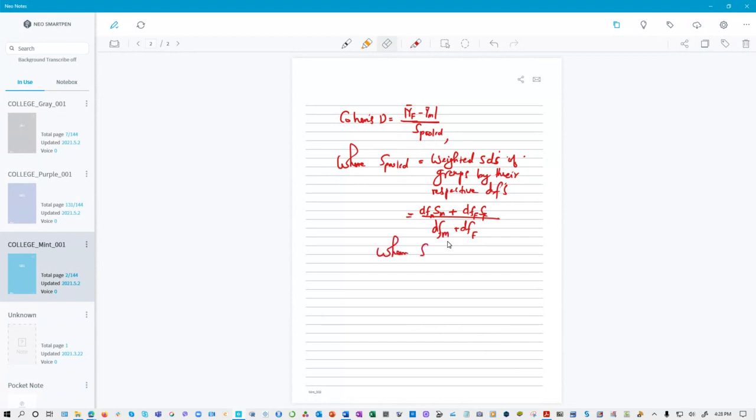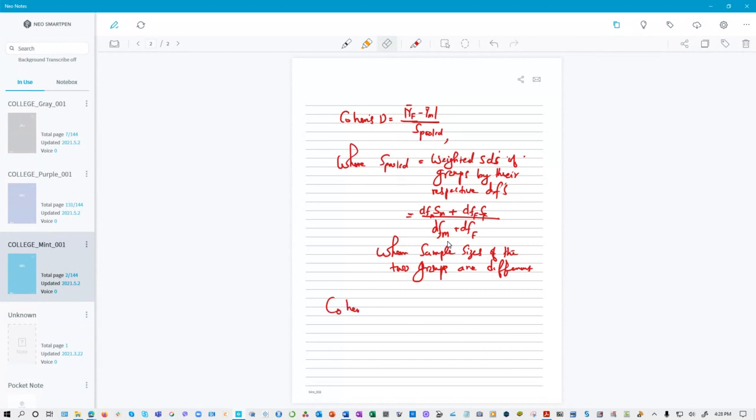Use this when the sample sizes of the two groups are different. Okay, that's another way to do it.